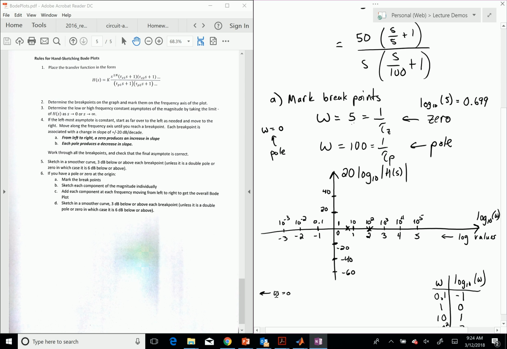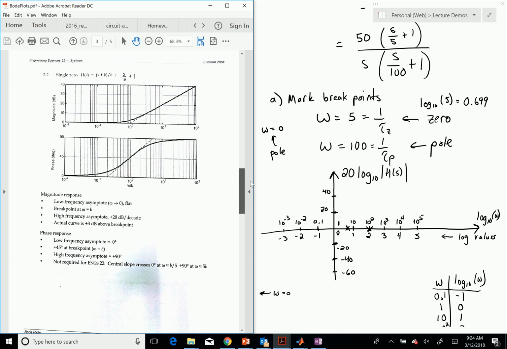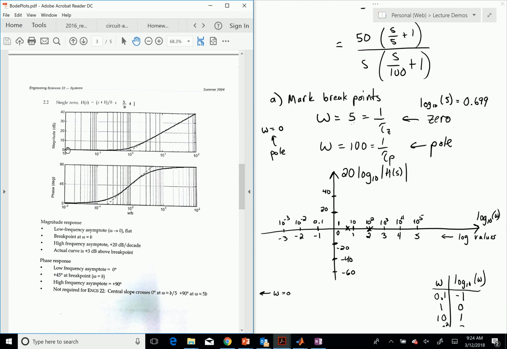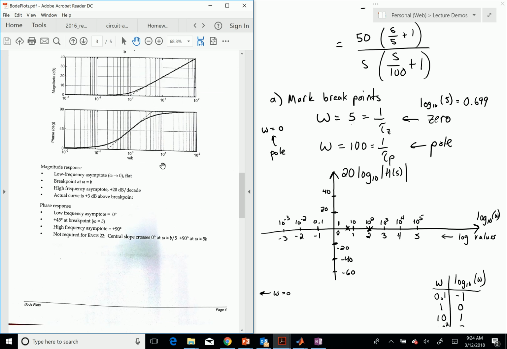Now again, there's another breakpoint out at negative infinity. If I look at my second step on here, it says mark each component of the magnitude individually. Because I have a pole at 0 frequency, this gets really tricky. What we know about a pole: if I have a zero, I have a magnitude of 0 dB from an individual zero, and then I begin to rise after that zero.